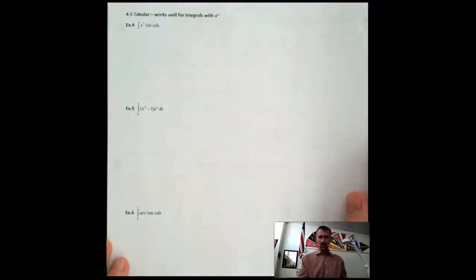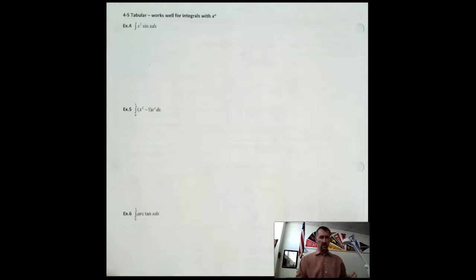Okay, so now when we have to do a repeated integration by parts, we can make a table for the repetitions, because sometimes it repeats several times.